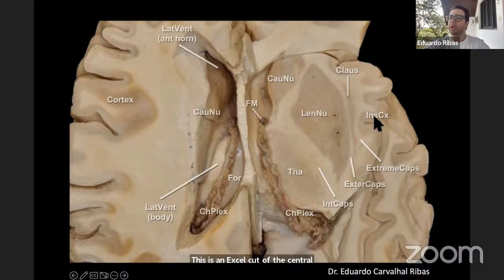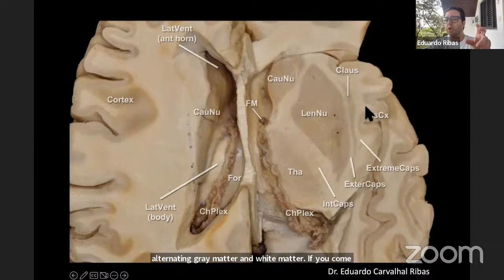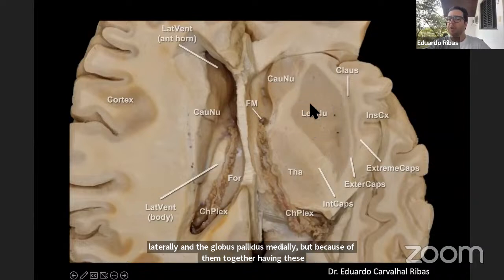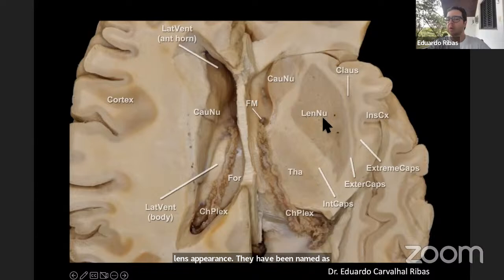From outside in, we have the insular cortex, extreme capsule, claustrum, external capsule, and the lentiform nucleus, which is indeed made by two separate nuclei, the putamen laterally and the globus pallidus medially. Because together they have this lens appearance, they have been named the lenticular nucleus.